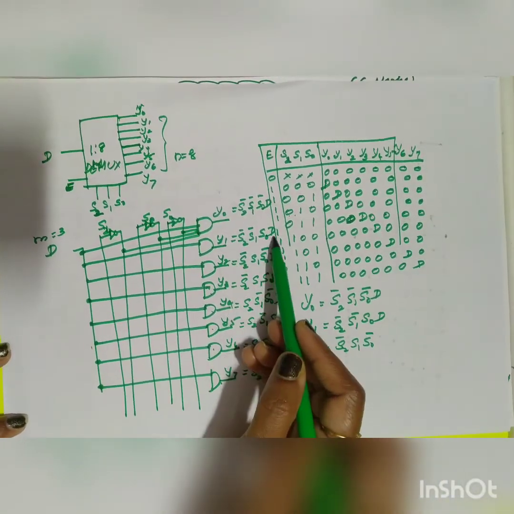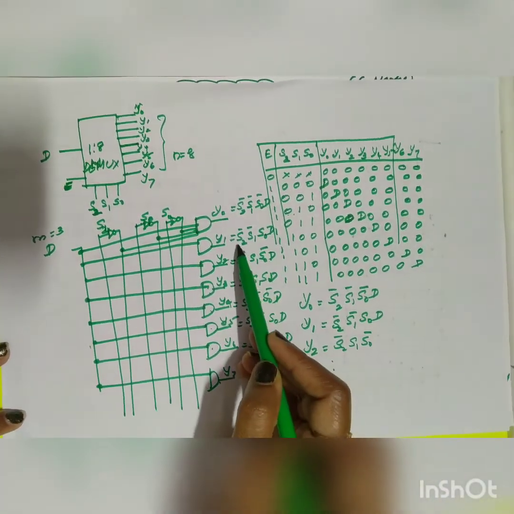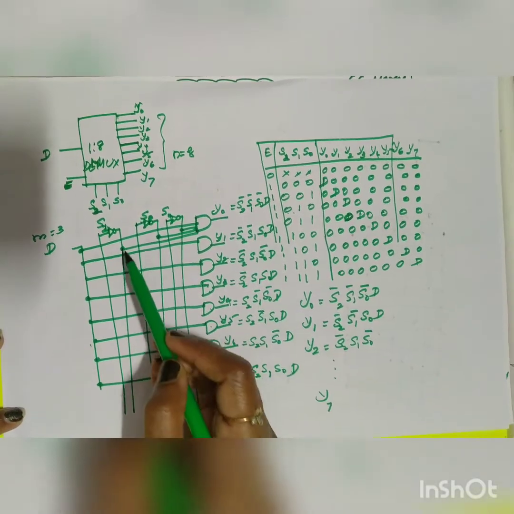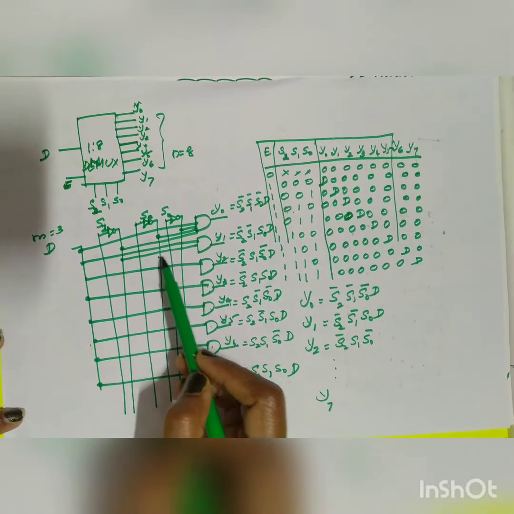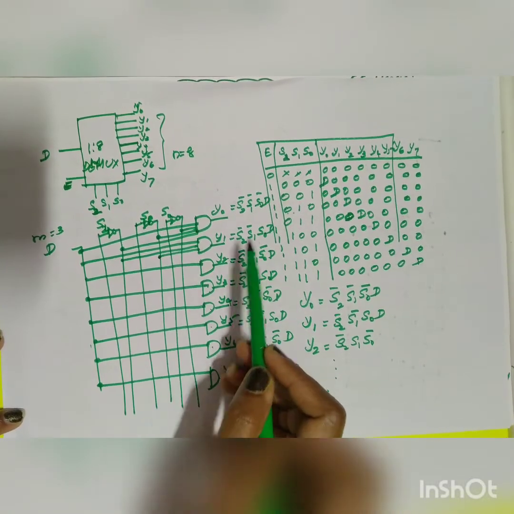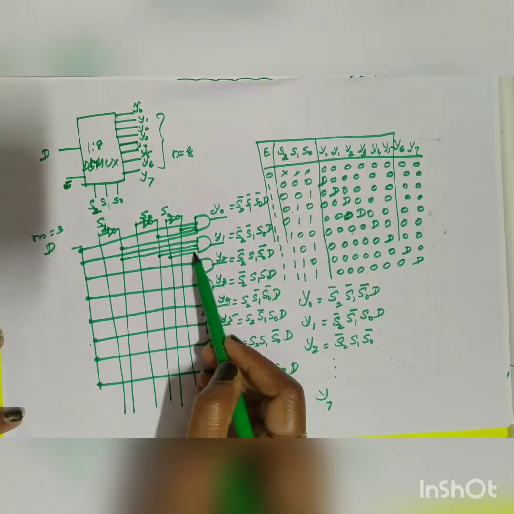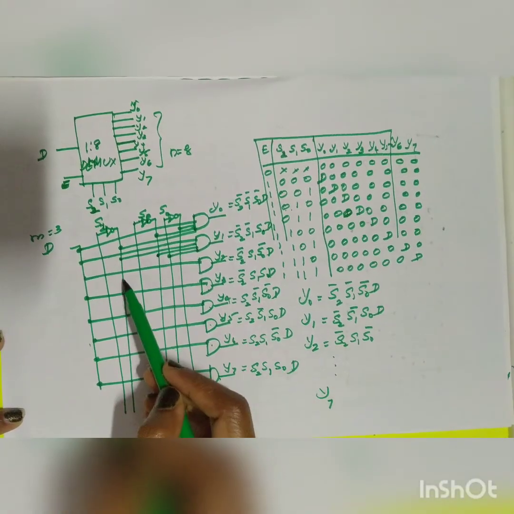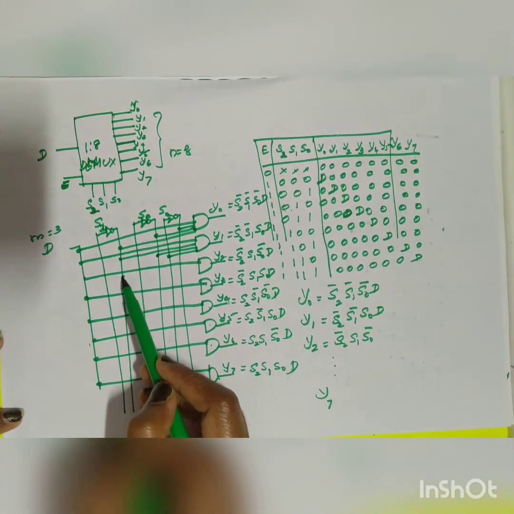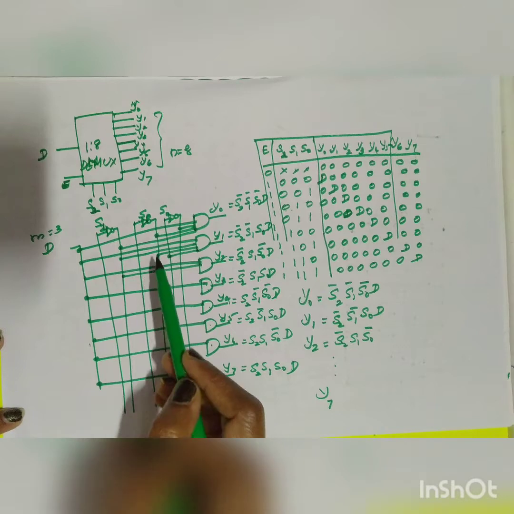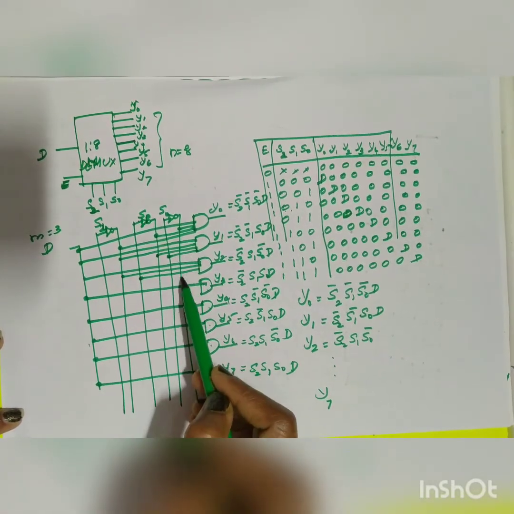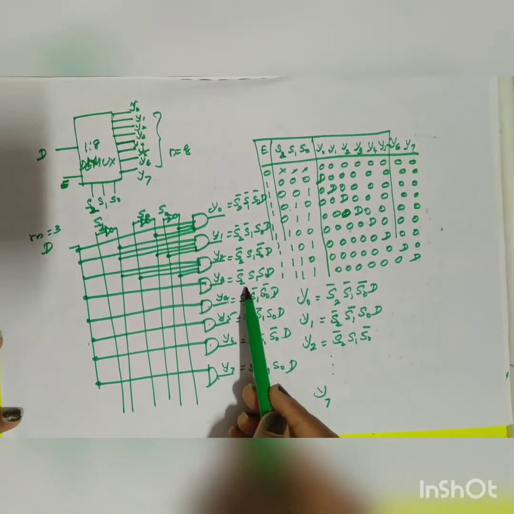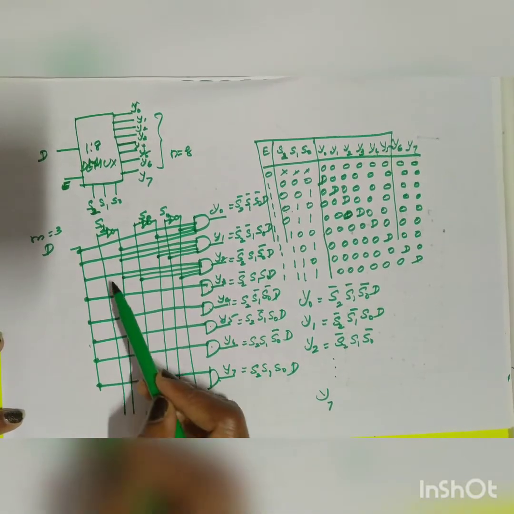For Y1 you have already given D. Now S2 bar, S1 bar, S0. So S2 bar, S1 bar, but it is S0, so you have to take it from S0. Similarly, for the third one, S2 bar, S1, so you have to take it from here, S1, then S0 bar. Similarly, S2 bar, S1, S0.